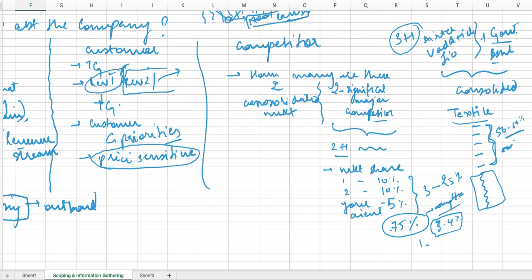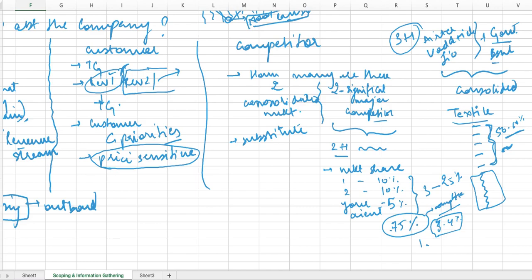And what other things you can ask to get more information about the competitors is, has there been a new substitute recently? Any new substitute in the market? When I say substitute, let's say there was a type of product aimed at a certain target customer group, and there were four or five major players serving that group.